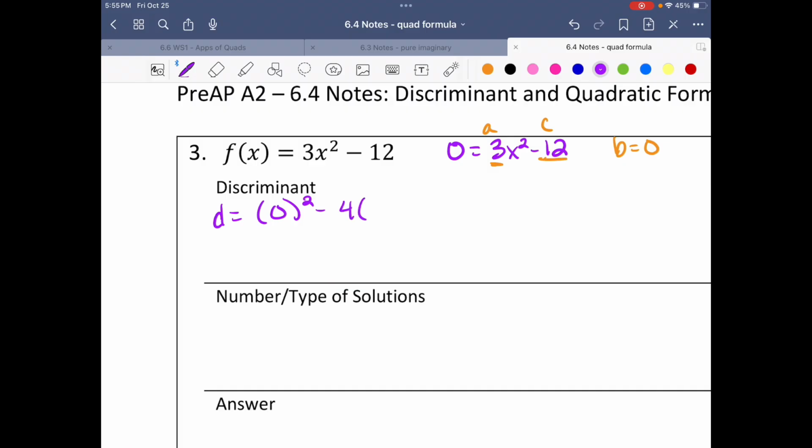B squared minus 4ac. You've seen 144, that's positive and a square. We have two real rational solutions.